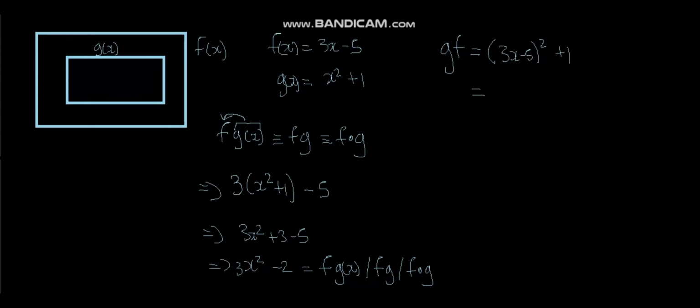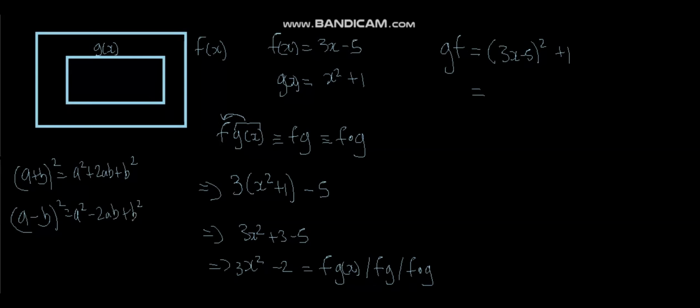Now the expansion for this, I'm going to write the expansion for a plus b all squared is a squared plus 2ab plus b squared, and a minus b all squared is a squared minus 2ab plus b squared.